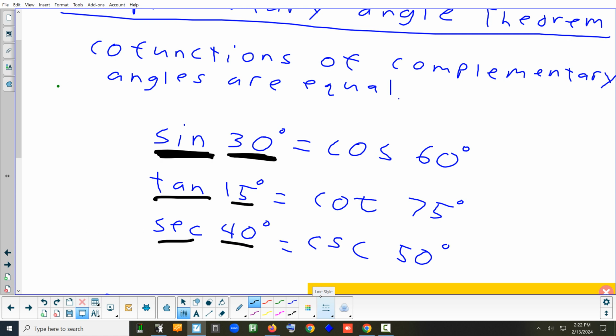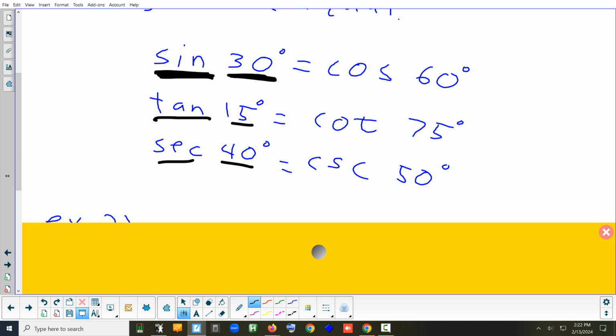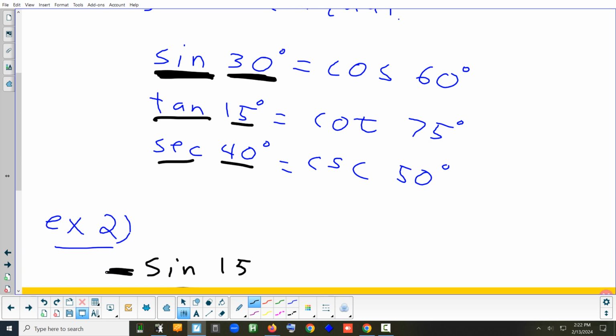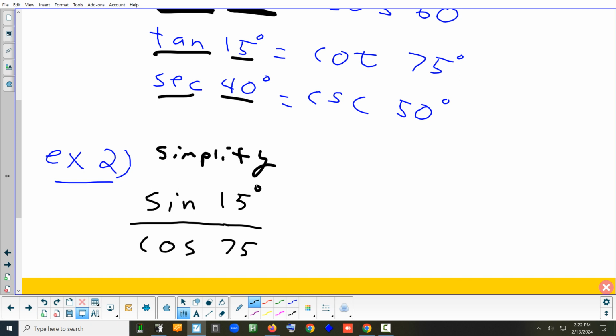Okay, so what does that help you do? Let me show you. Okay. I want you to simplify the sine of 15 divided by the cosine of 75.